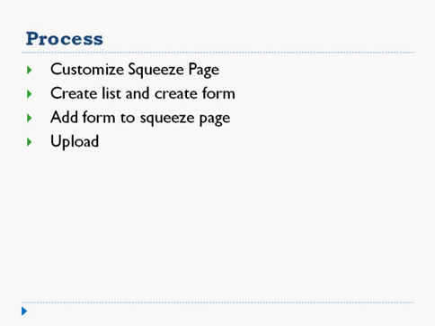It's just as simple as creating a thank you page, but it has an autoresponder form code that enables you to follow up with your prospects. I'm going to be talking about creating follow-up messages and a system that you can use to do that in the next video. So with that said, let me go ahead and show you how to customize squeeze pages.